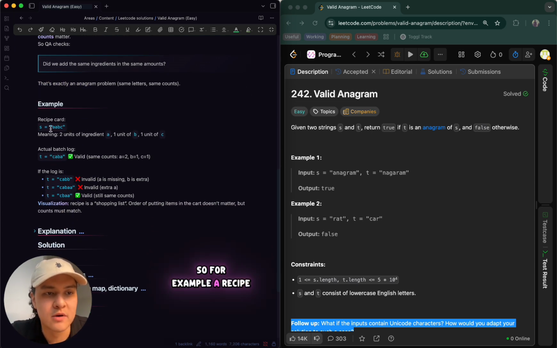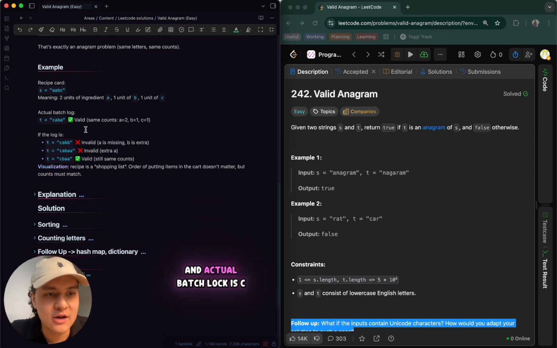For example, a recipe card says we have A, B, C: 2 units of A as tomato, 1 unit of B as cucumber, and 1 unit of C as pepper. The actual batch log is CABA, so all ingredients are in the recipe and we are good.